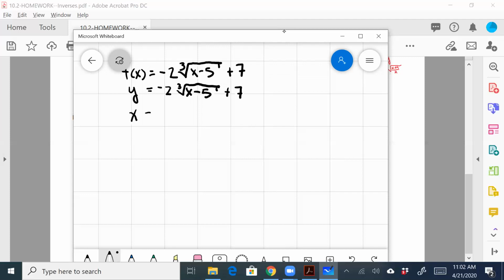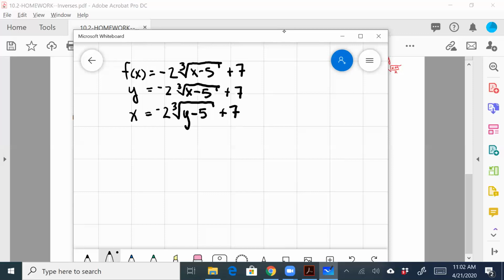X equals -2 cube root of y minus 5 plus 7. Okay, what we need to do is get y alone. Subtract 7 on both sides.